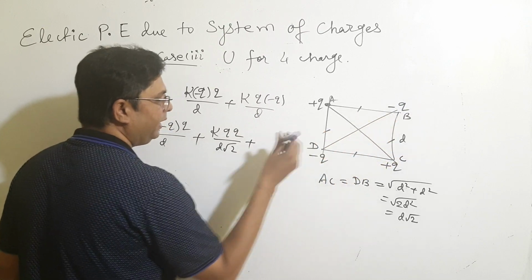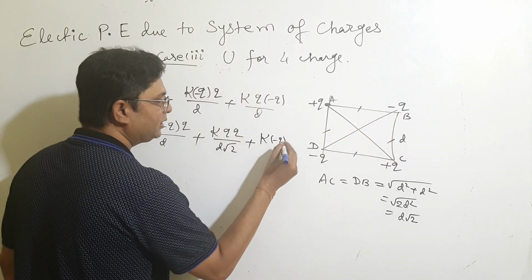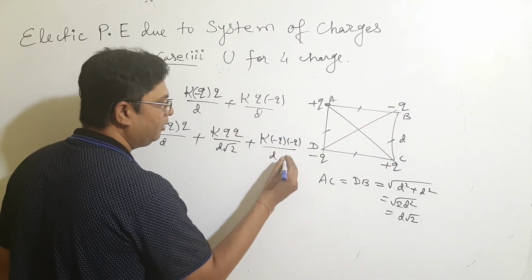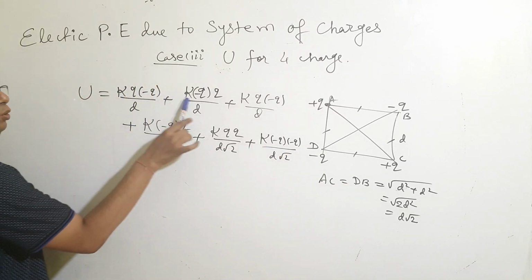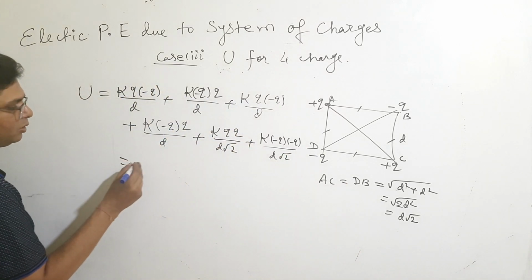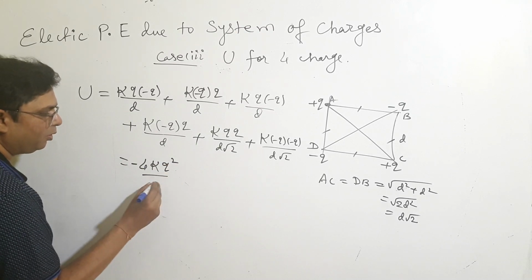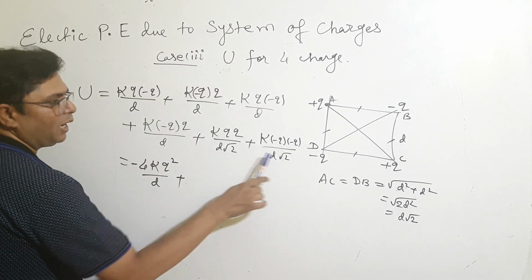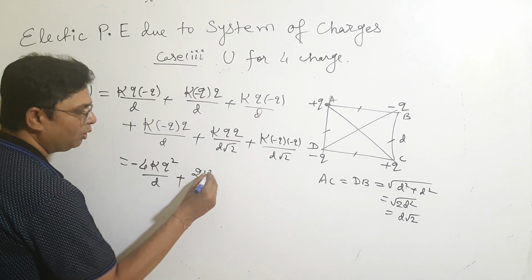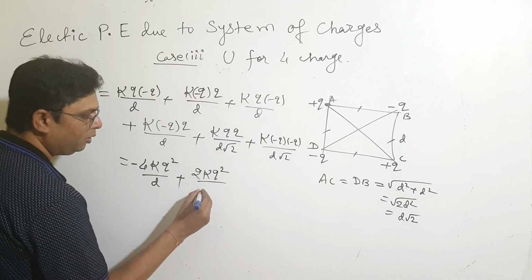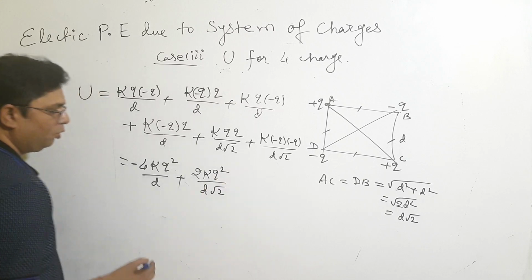Between D and B, this is K minus Q upon D root 2. You are seeing that 1, 2, 3, 4 terms are same. So write here 4K minus Q square upon D. And you are seeing that these two are same value. So write here 2K Q square upon D root 2.